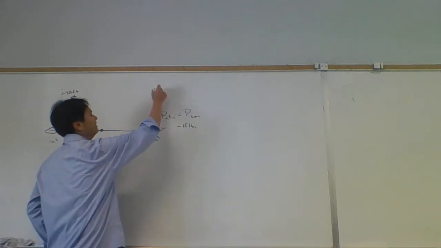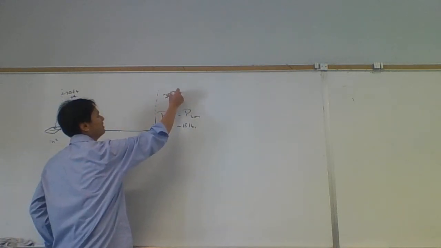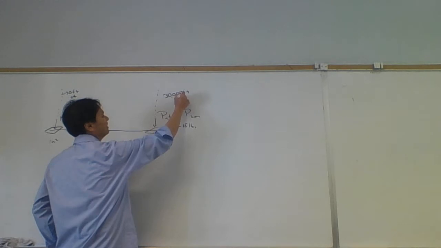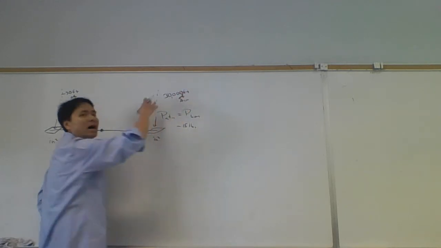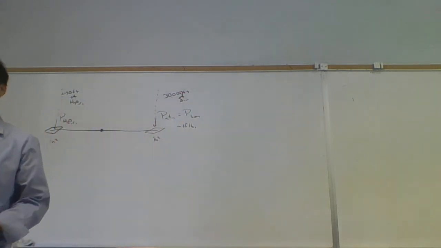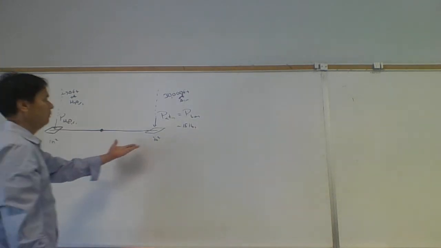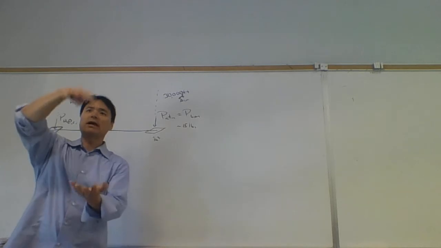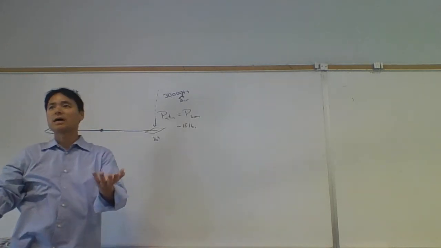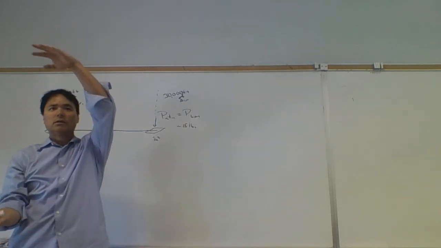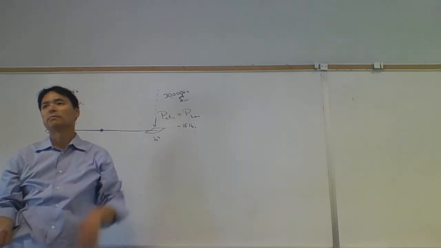So I'll get about 30,000 feet of air. That would be the height, and the height times the area gives us the volume. In other words, 30,000 feet of air would weigh the same amount as about 30 feet of water.